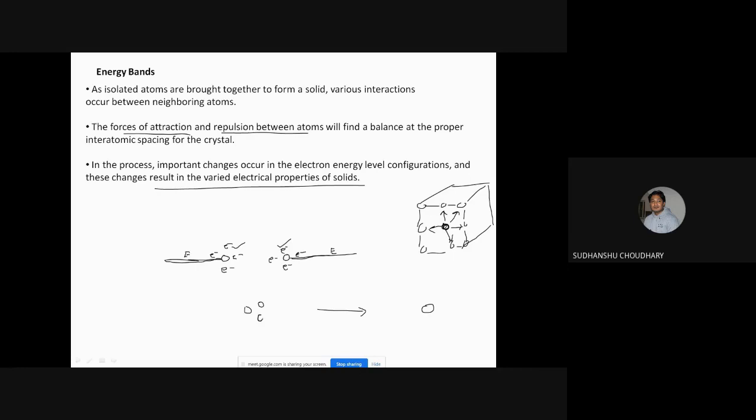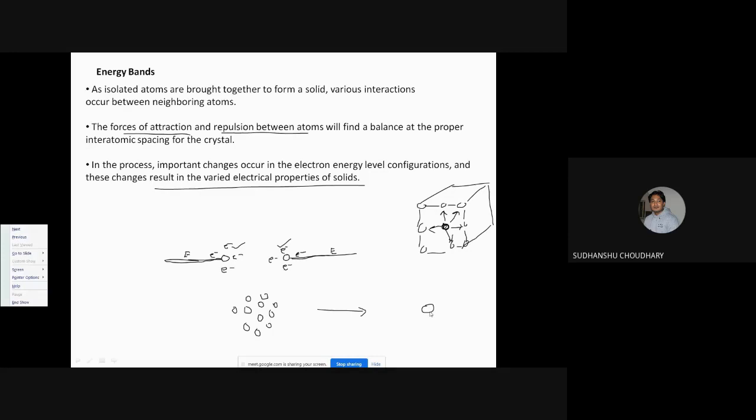Similarly, three atoms in close proximity may have different electronic properties, and more atoms may have different electronic properties. It is very important to note that the electronic property of a material with more atoms may be different from the electronic property of an individual atom.